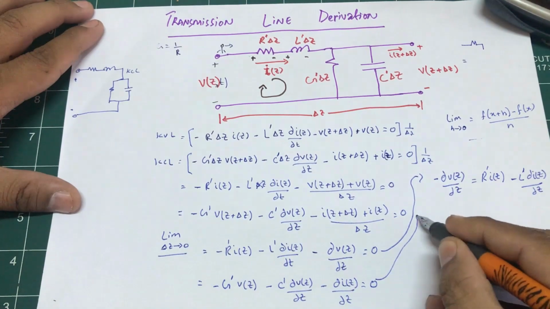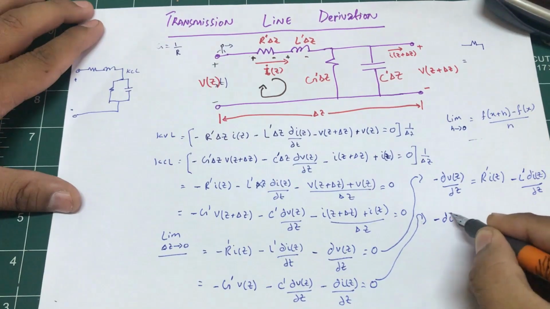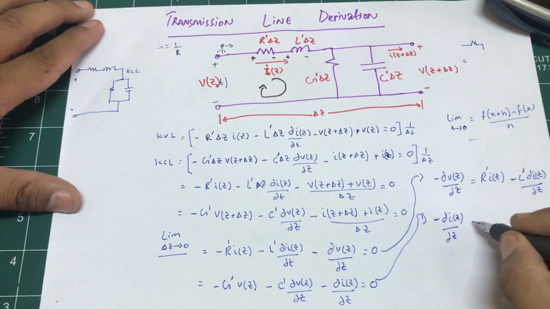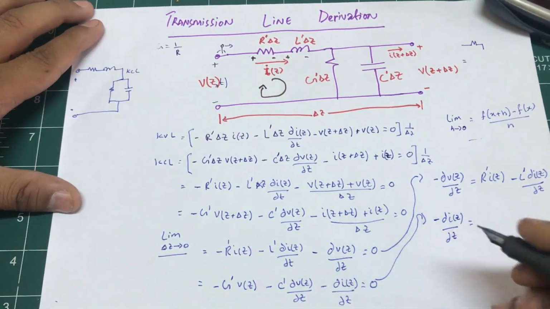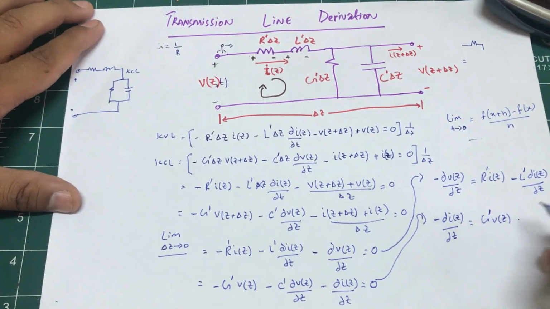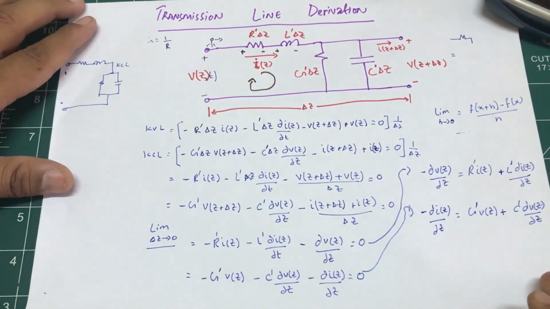The second equation would become negative dI of z over dz is equals to, taking it on the other side, G' V of z. Sorry, when I take this on the other side, this sign will change to positive. Positive C' dV of z over dt. All right, I'll end up with these two equations.